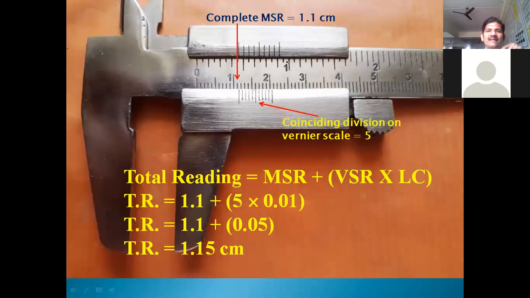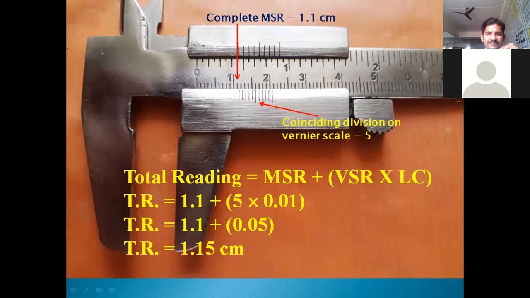Now in the second case, again observe the complete MSR is equal to 1 centimeter. After that, one subdivision is completed. Therefore, the value of the total complete MSR is equal to 1.1 centimeter, and the coinciding division on the Vernier scale is equal to 5.